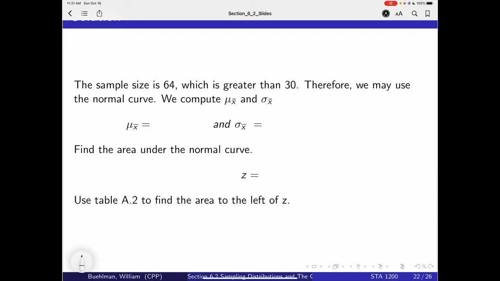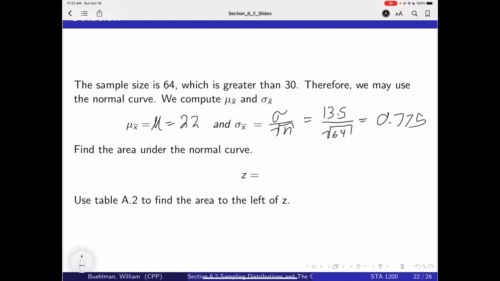We compute mu sub x bar and sigma sub x bar. As a reminder, mu sub x bar is equal to mu, which is equal to 22, and sigma sub x bar is equal to sigma over the square root of n, which is equal to 13.5 over the square root of 64, which is equal to 0.775.